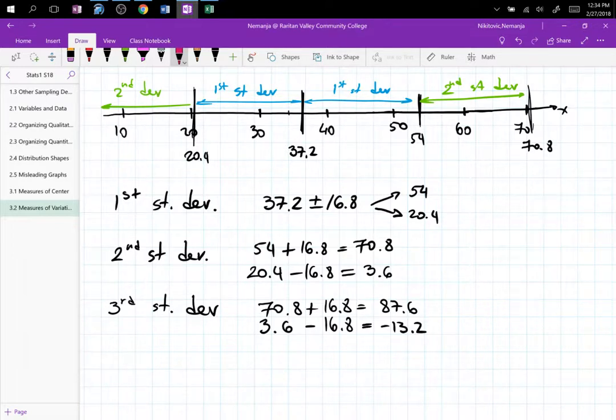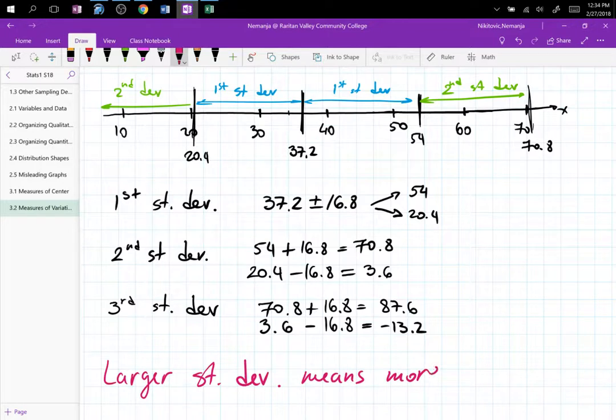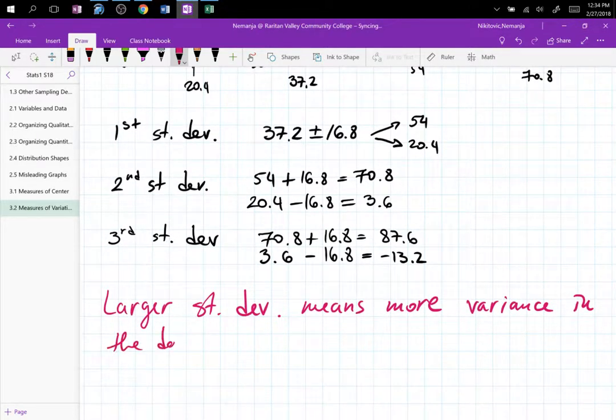So larger standard deviation means more variance, more variation in the data set. This is you understanding the concept. So mean doesn't measure everything. We need standard deviation to go with it.